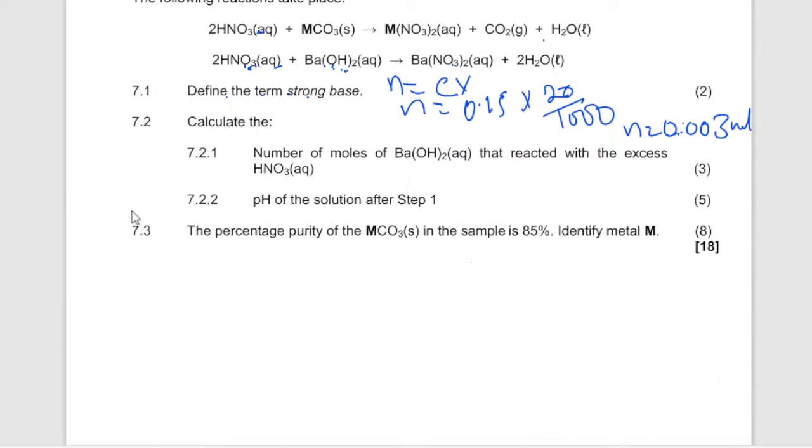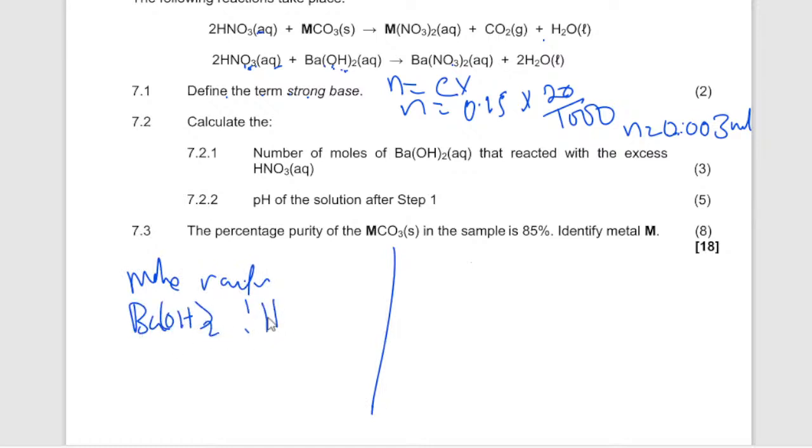Okay, let's start by saying the mole ratio, barium hydroxide to nitric acid. Barium hydroxide is 1, and then nitric acid is 2.